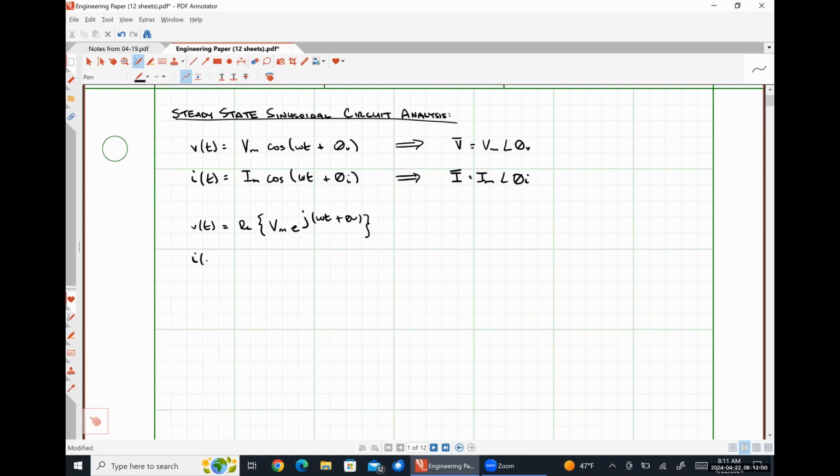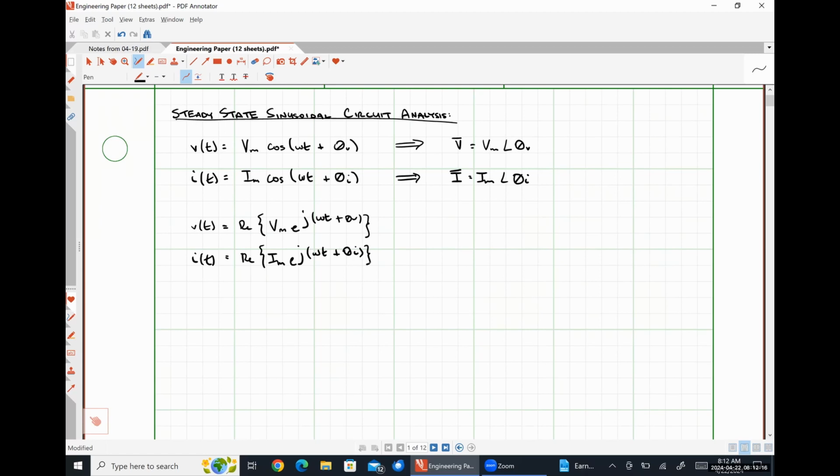And similarly, i of t is the real part of the complex number Im e to the j omega t plus theta I.